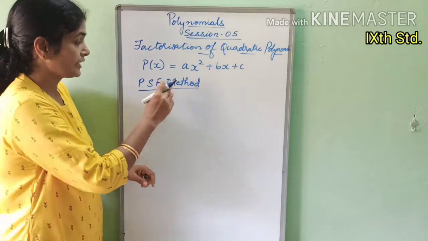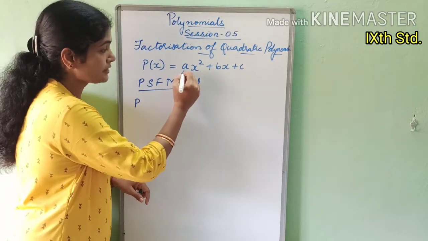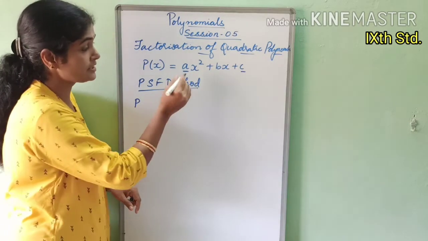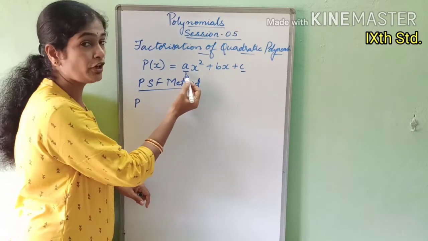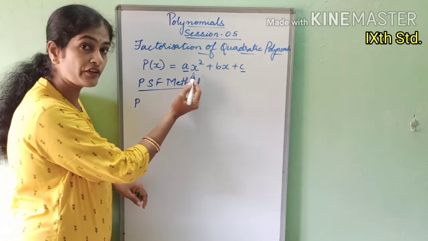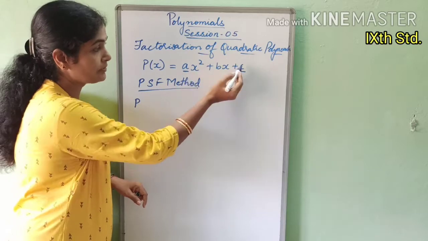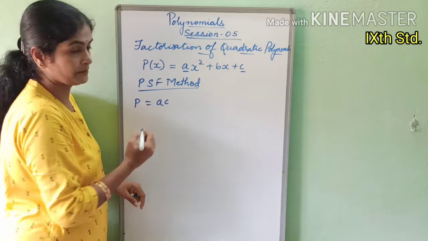So we will recollect it. Product of what? Product of the first and the last term, otherwise you can say the product of the coefficient of x square and the constant. So here what will be the product? It is a into c. So product is ac.